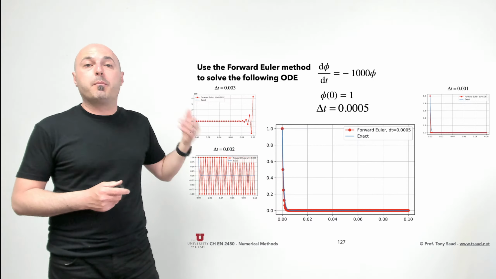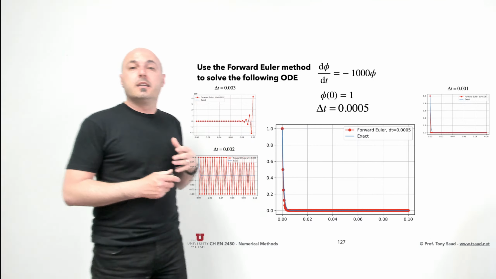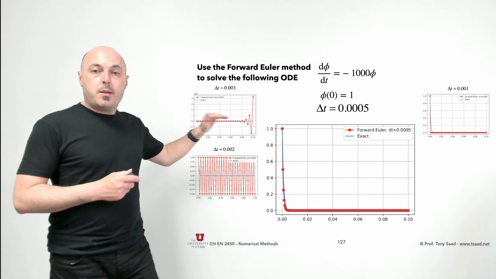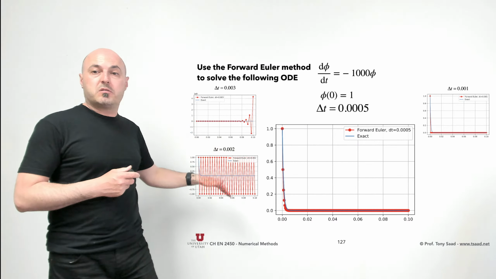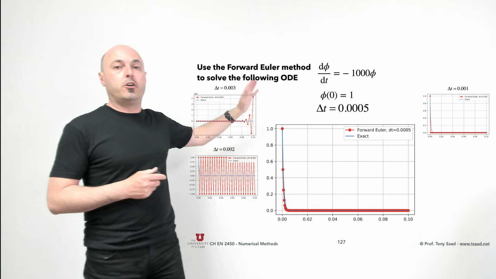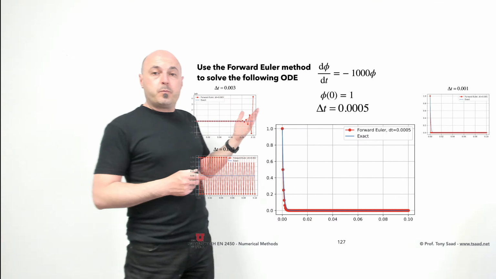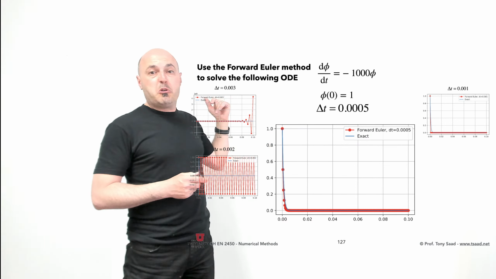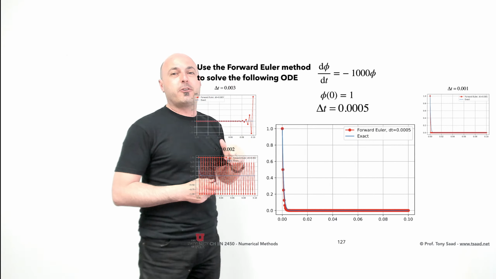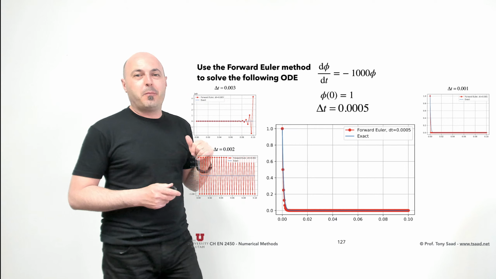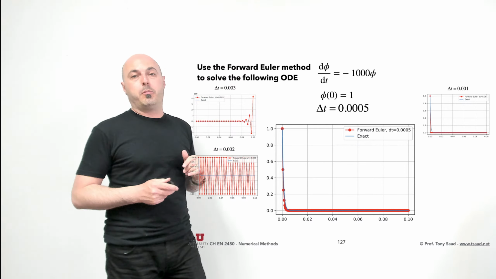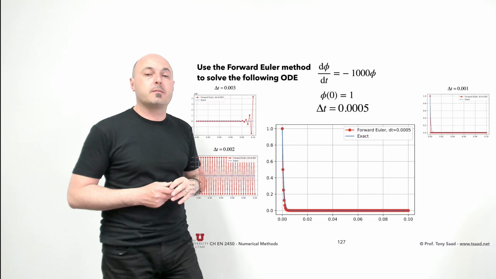Otherwise, we say they become unstable, and we'll define stability in a moment. But these are unstable solutions. They don't make sense, they diverge, they give you nonsensical answers, okay? Now, one could argue then, let's use an arbitrarily large number of points to solve all of the problems with forward Euler or explicit methods.